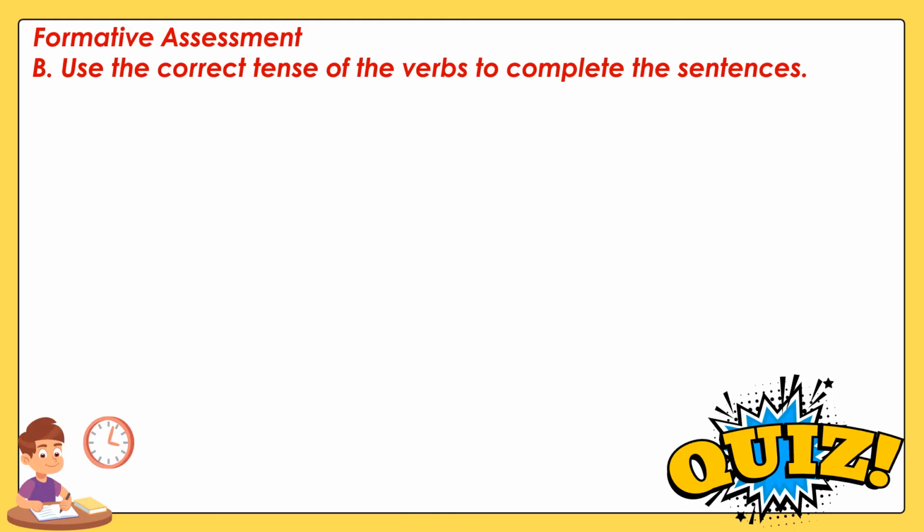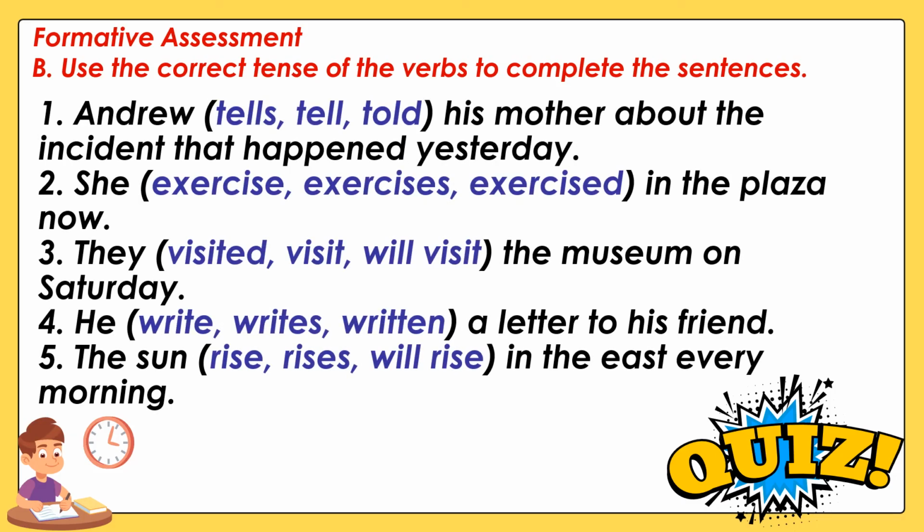Activity letter B. Use the correct tense of the verbs to complete the sentences. Number 1, Andrew told his mother about the incident that happened yesterday. Number 2, she exercised in the plaza now.